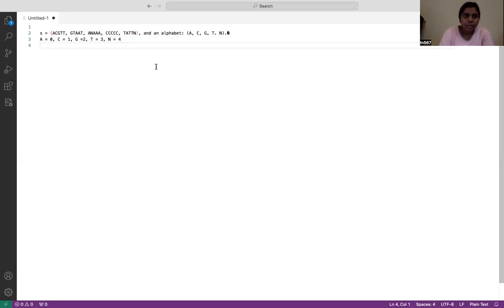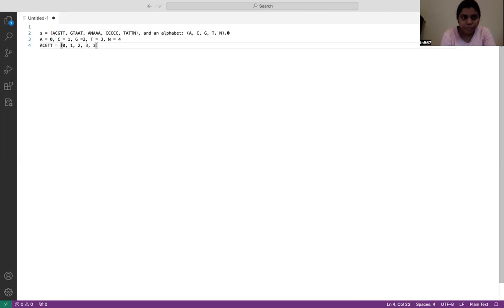And then after giving indices, we are going to convert each of these strings into a Radix notation. Firstly, to convert these strings into Radix notation, we represent each string as a list of these indices. So the alphabet A is represented with 0, C with 1, G with 2, and T with 3.